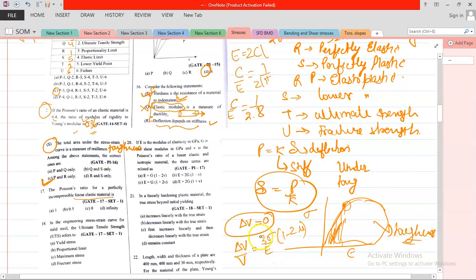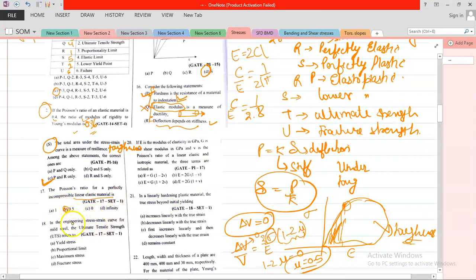If you have a stress and your delta V is 0, this term needs to be 0 to get the total value of 0. So 1 - 2 mu = 0, then mu = 0.5, that is 1 by 2. So the value should be 0.5.